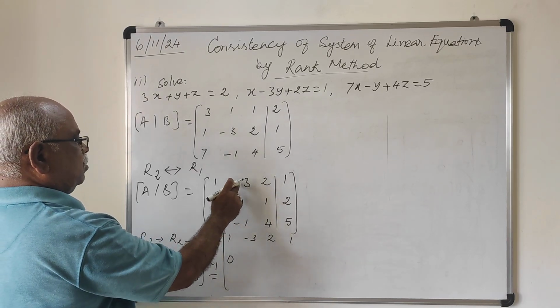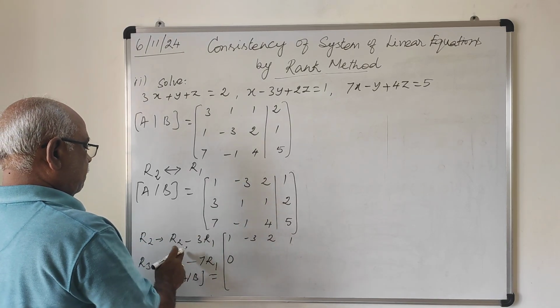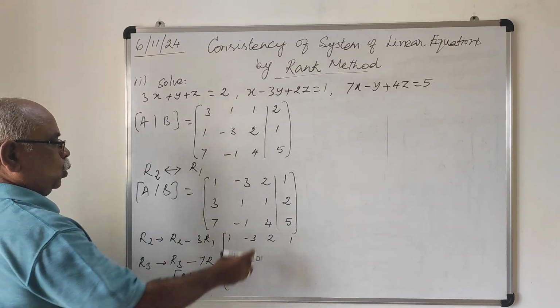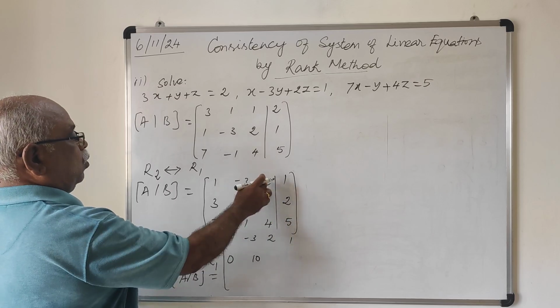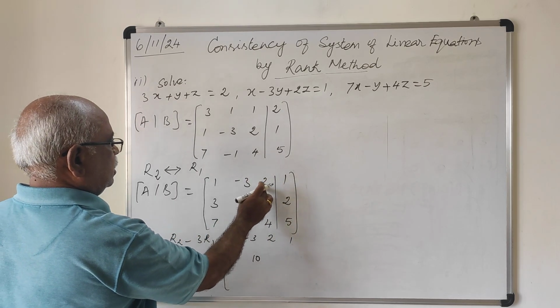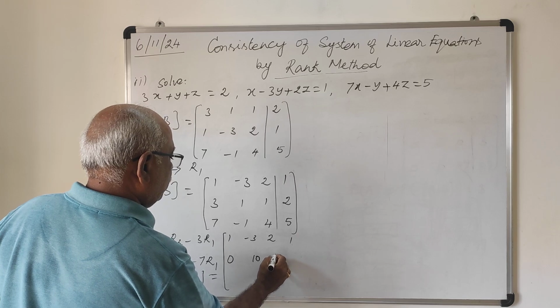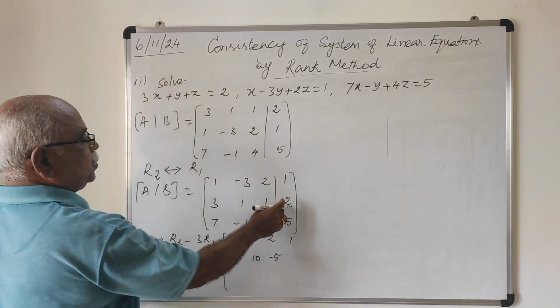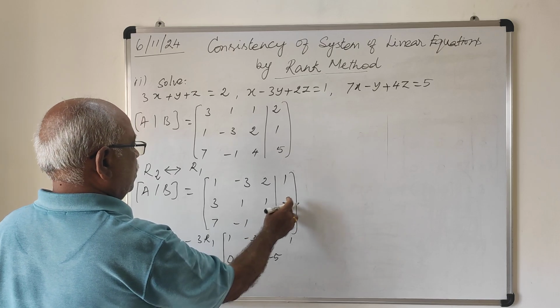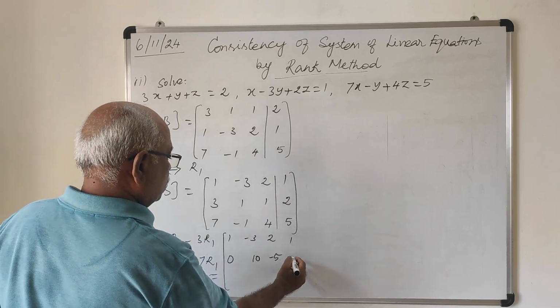Minus 3, minus of minus is plus 9, 1 plus 9 is 10. Similarly, R2 is 1, minus 3R1: 3 times of R1, 3 2s are 6, 1 minus 6 is minus 5. And R2 is 2, minus 3R1 is 3, 2 minus 3 is minus 1.